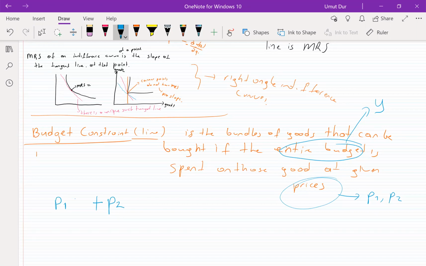The maximum amount of good one that you can consume with this price will be represented by Q1, and the maximum amount of good two that you can consume is Q2, and you will have an income. So this is the budget equation.